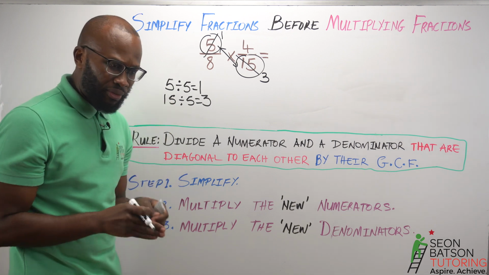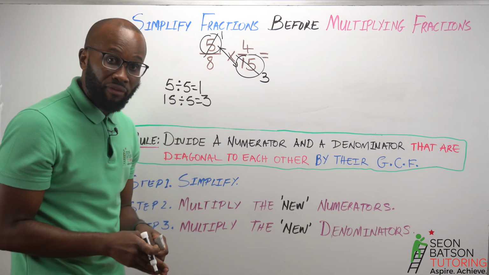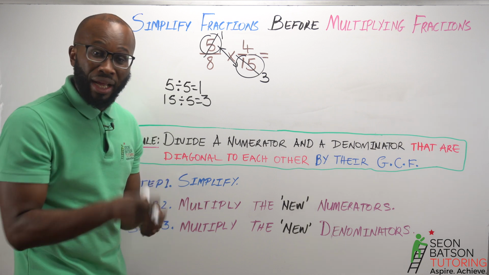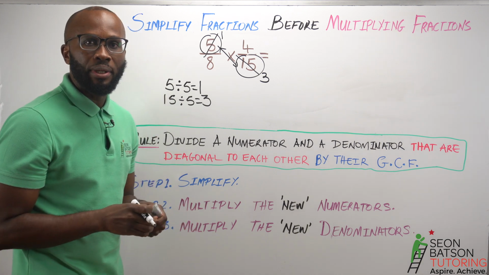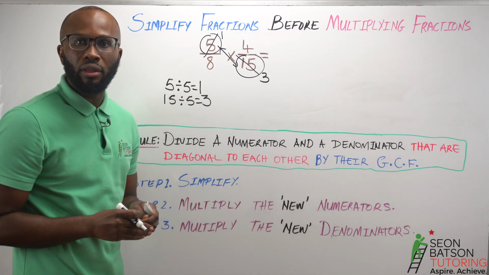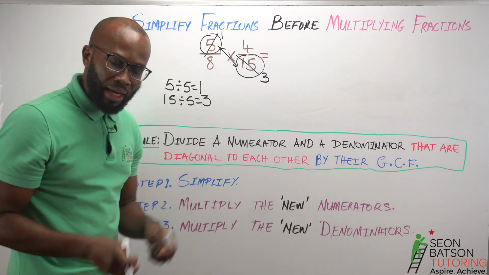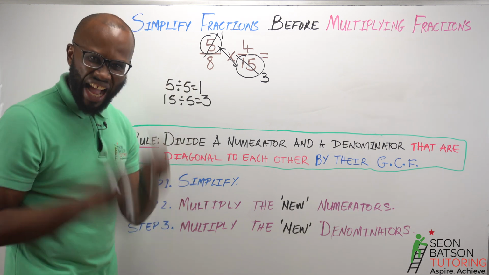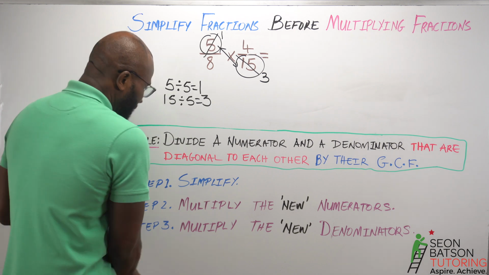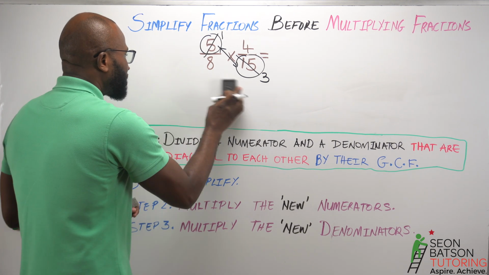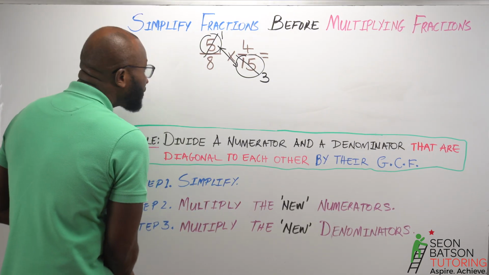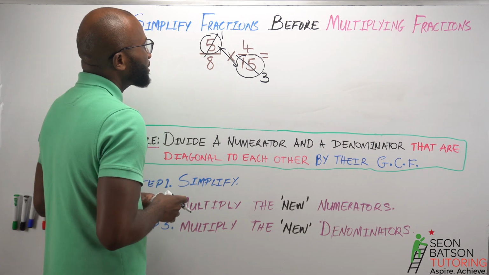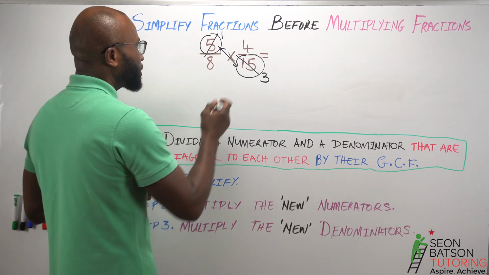Whatever the greatest common factor is, you must divide both the numerator and the denominator that are diagonal to each other by that greatest common factor.